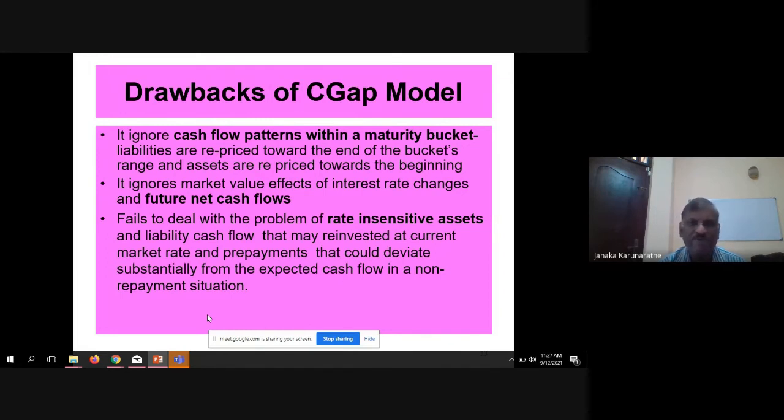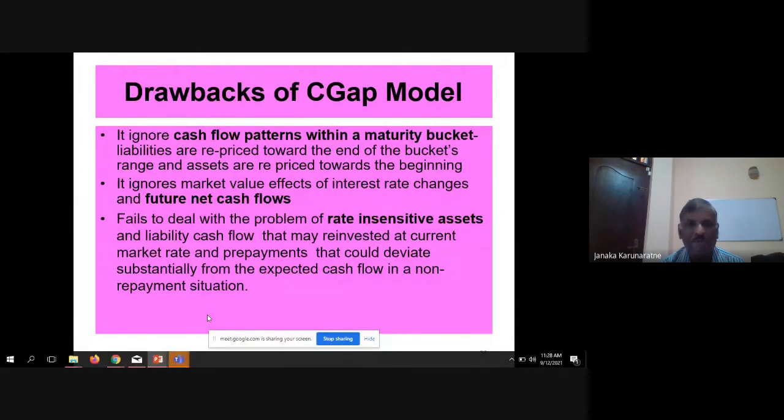It fails to deal with the problem of rate insensitive assets and liability cash flows that may be reinvested at the current market rate, and repayments. Now, when we look at this model, we only take rate sensitive assets, which are subject to repricing, and liabilities which are subject to repricing. But there may be cash flows which are not rate sensitive but mature, which we need to reinvest.